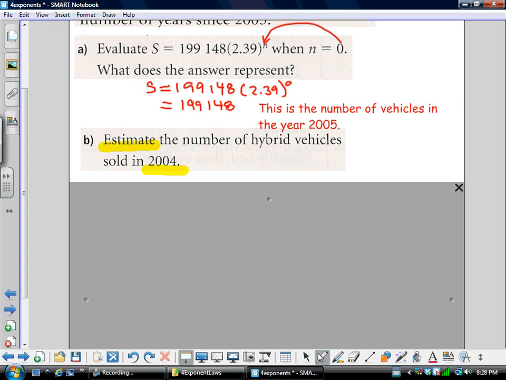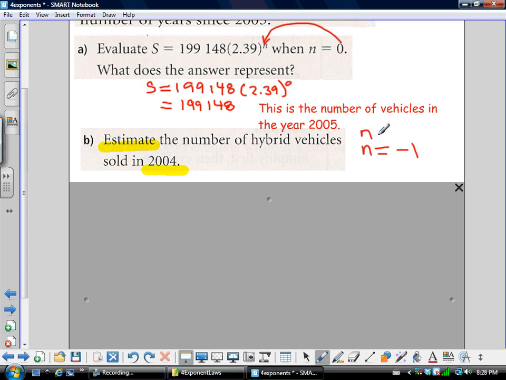Now, the problem is when I'm looking at the year 2004, my equation was made for 2005. So if 2005 was the year 0, n equals 0, and 2004 is earlier than that, I would want n to equal negative 1, right?